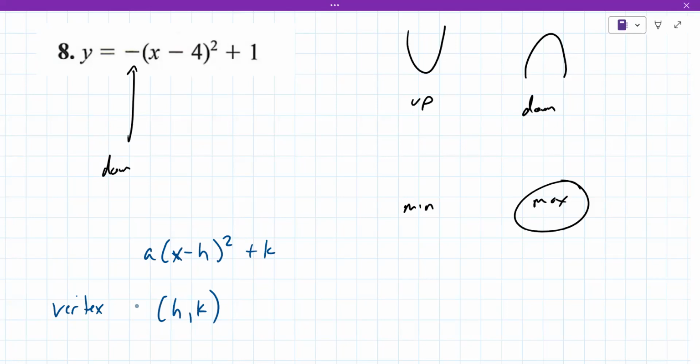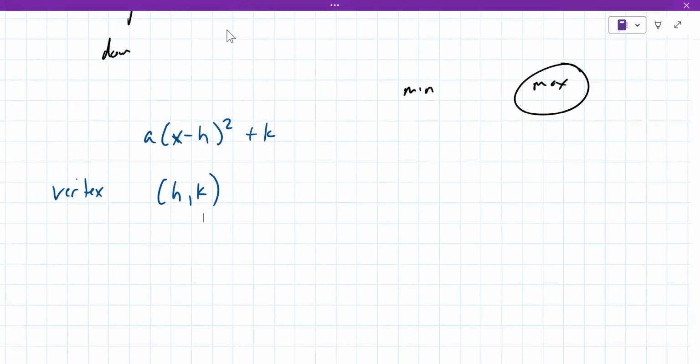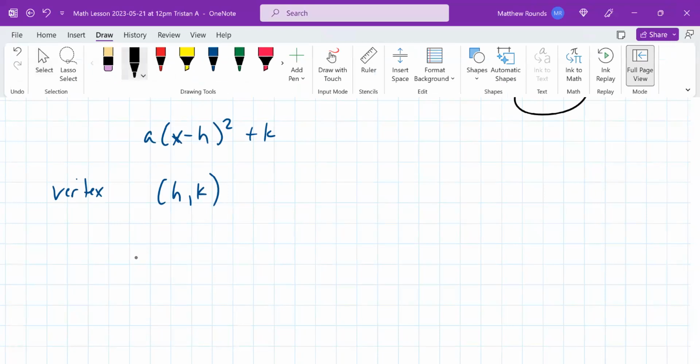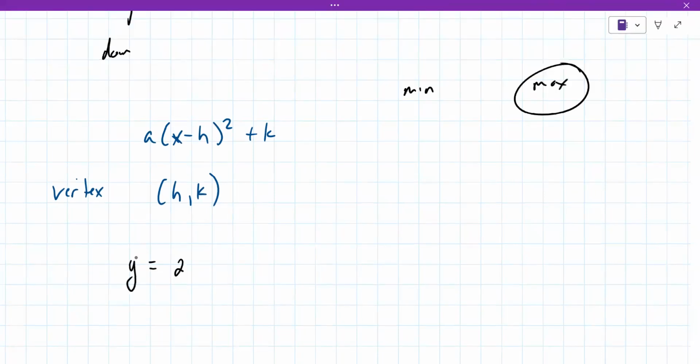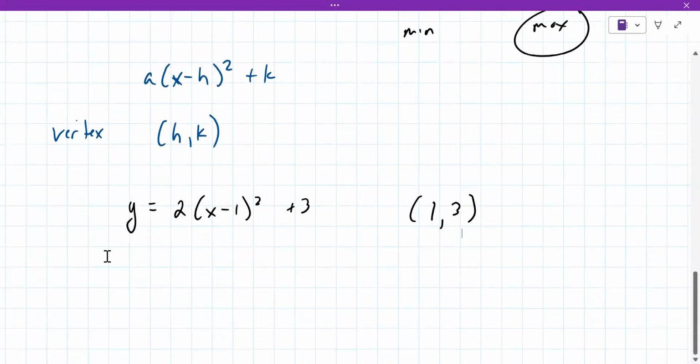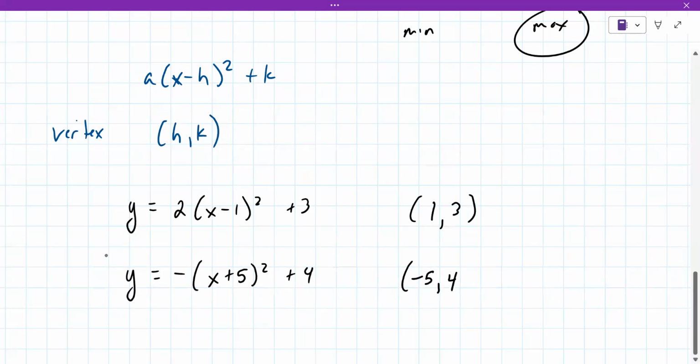Not really. Okay. So let me give you a few examples here. Let's say the equation looks like this: 2x minus 1 squared plus 3. The vertex is at 1 comma 3. But let's say it's now x plus 5 squared plus 4. The vertex is now at minus 5 comma 4.